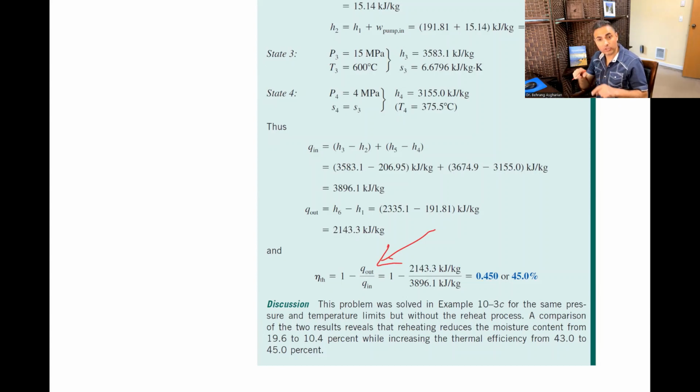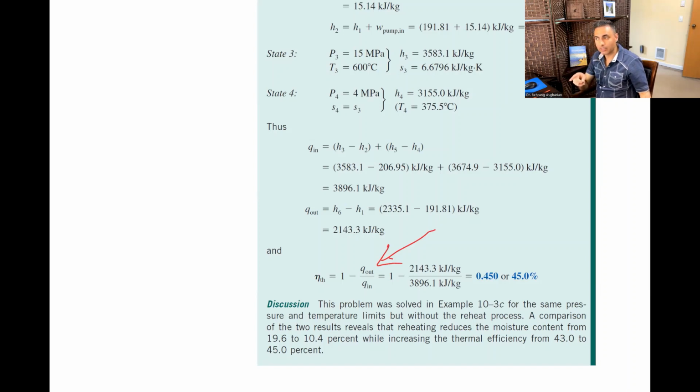Then this equation that you see here that they use, 1 minus Q out over Q in, that doesn't work. That only works if the cycle is ideal and reversible and the whole thing. The pumps are isentropic, no pressure loss in the boiler and condenser, none of that. And turbines are isentropic also, then you can use this equation. And there's no heat loss in the piping, right? And no pressure loss in the pipe.